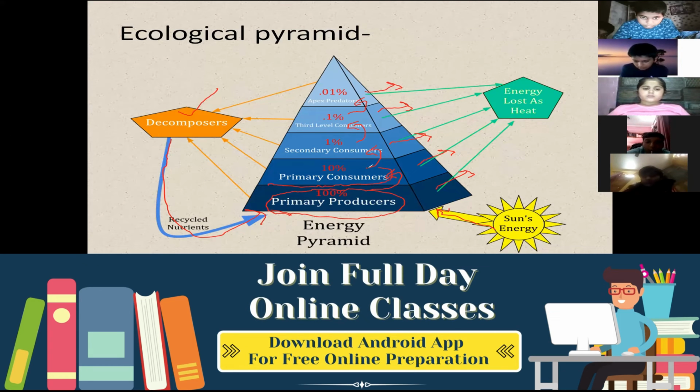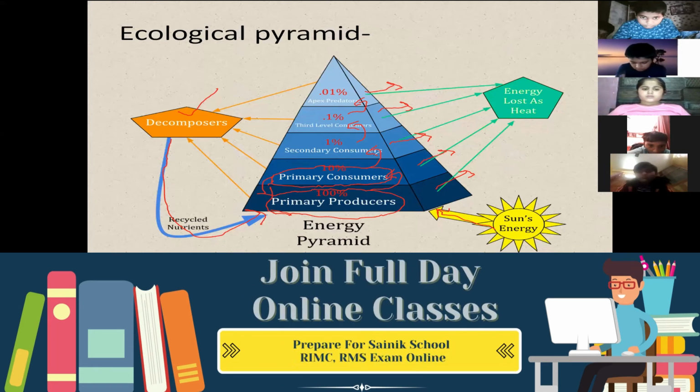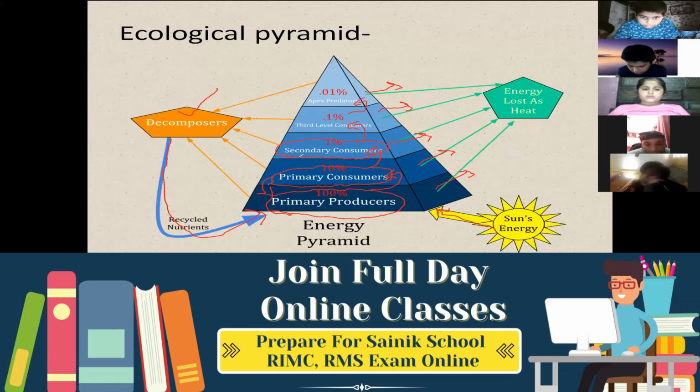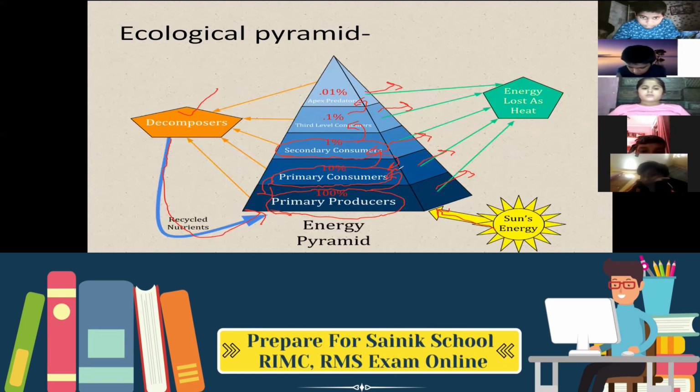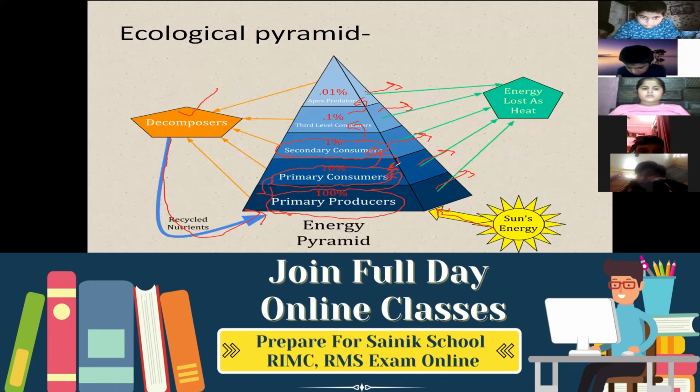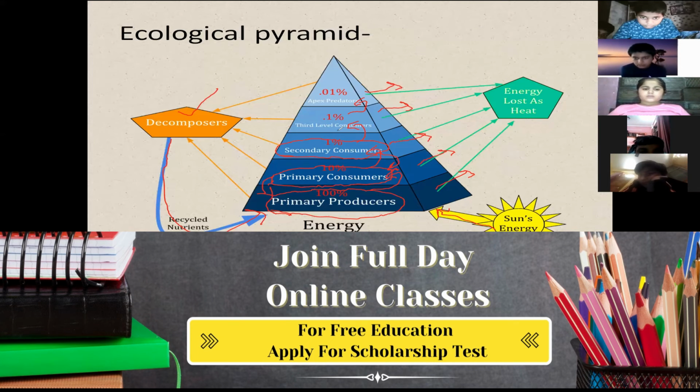Primary producers are the plants which make their own food. Primary consumers are those organisms which eat the primary producers, for example grasshopper. Then secondary consumers are all the carnivorous animals which eat the primary consumers, like bird eat the primary consumer. So it is the example of secondary consumer. Then snake eats the secondary consumer, means bird is eaten by a snake.